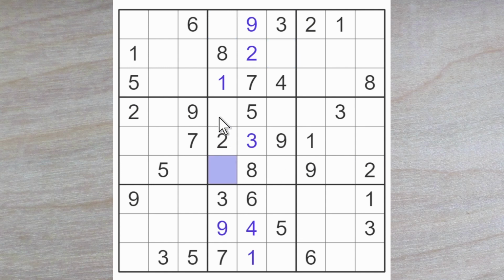We know that one of these must be a 6, so the 5 goes up here and the 6 here. We now have 2 6s blocking over, 1 blocking up, so another 6 here. What are these? Well, these are 1 and 7, so these must be a 2 and an 8, quite obviously.